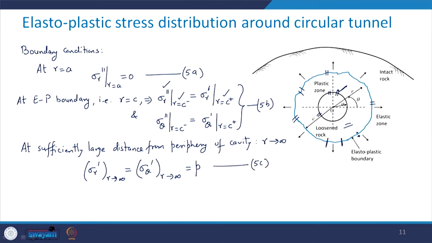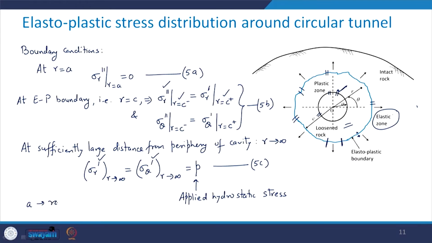When I say r tending to infinity, essentially this is going to be in the elastic zone, and therefore the state of stresses is being represented by single prime. This p is the applied hydrostatic stress. What is a?